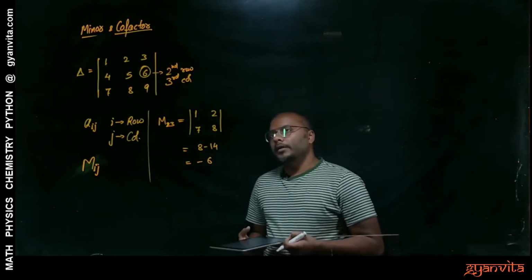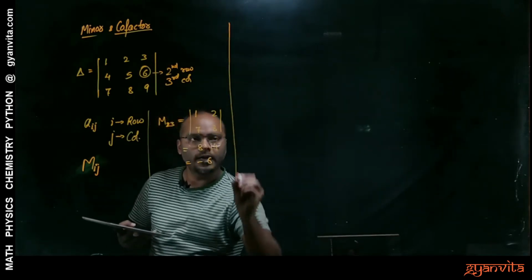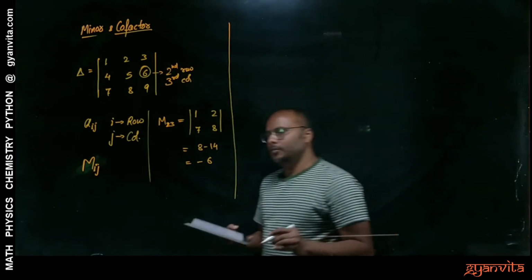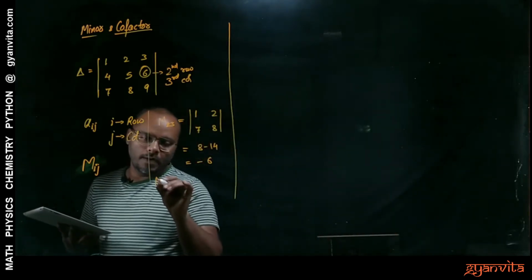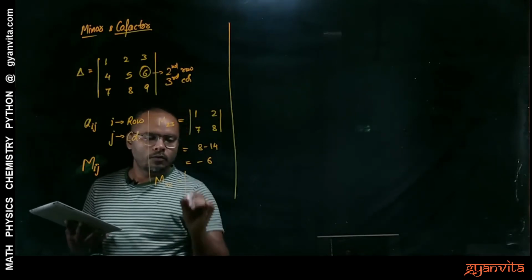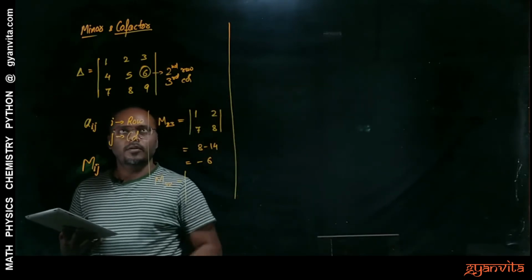Okay, so that was about minors. You can find minors like this for different elements. Suppose I have to find the minor of the third row and second column. I have to remove the third row, 7, 8, 9, and the second column, 2, 5, 8.